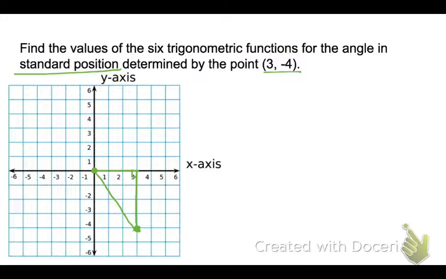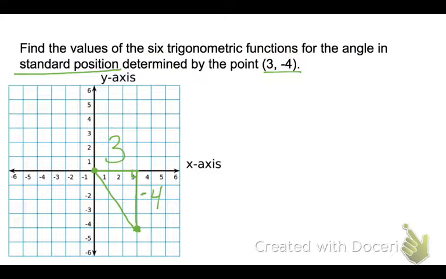There is my right triangle in standard position. Now all I have to do is label the values. I know that my horizontal leg is 3 units. The vertical leg is -4 units because I'm going down 4 units, so I do want to apply a negative there.